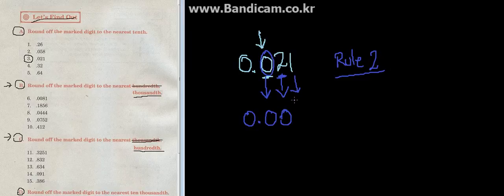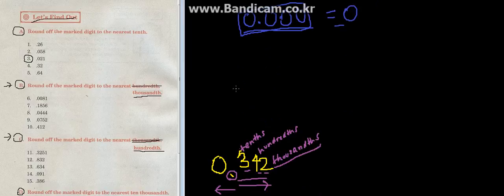We replace the 2 with a 0, and the number after 2 should also be replaced with a 0 because it doesn't really hold any meaning. So what we got here is actually 0.000, which is basically just 0, right? So for number 3, Part A, the rounded off number will be 0.